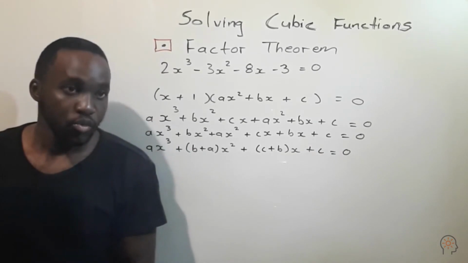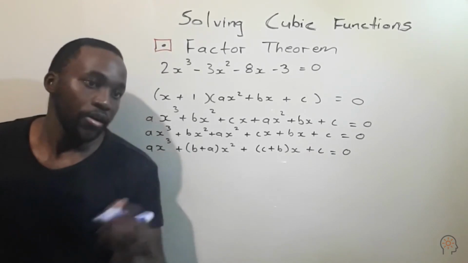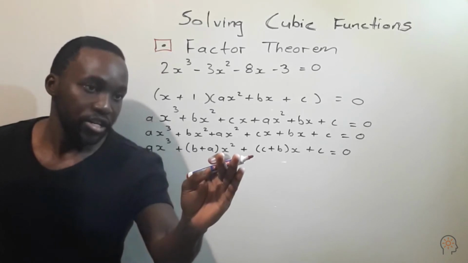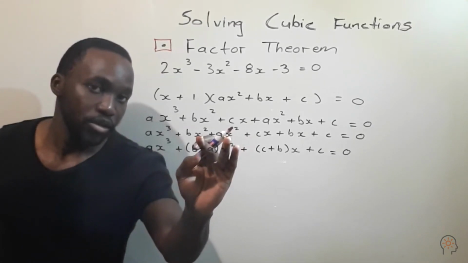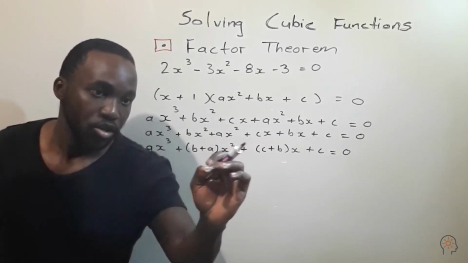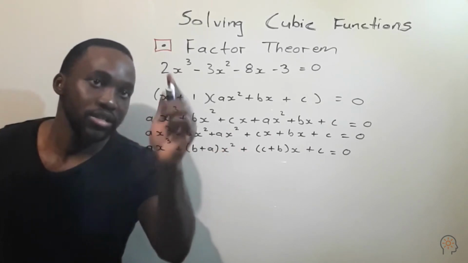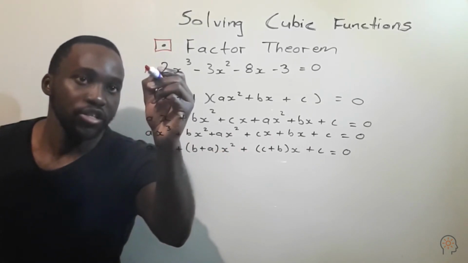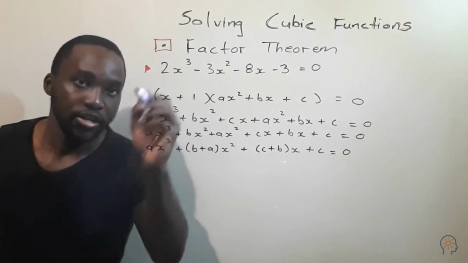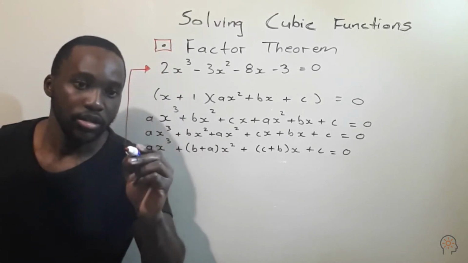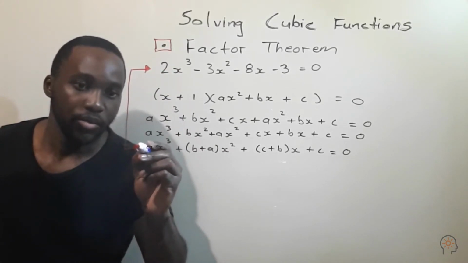So what you will note is all we've done is, we know that these two both have x squared, these two both have x. So this is showing us that whatever this equation is, it is being represented by whatever we have down here.